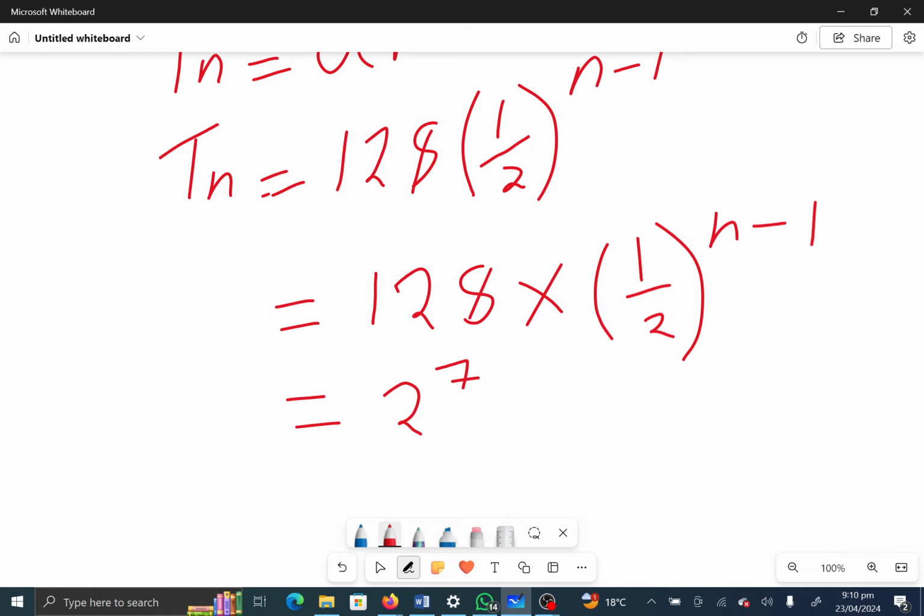What we want to do is have a common base, so this one can also be written as 2 to the power n minus 1 over 1.